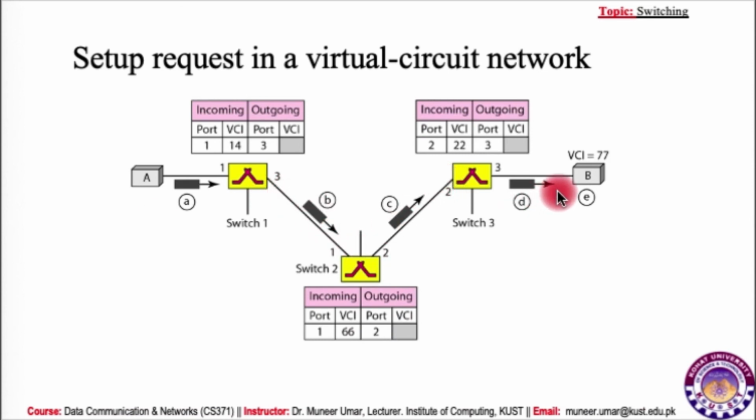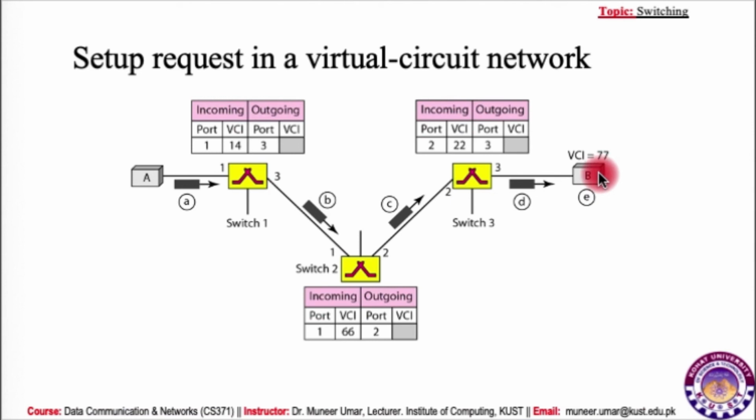The destination B receives the setup frame. If it is ready to receive frames from A, it assigns a VCI to the incoming frames from A. In this case, 77 is assigned as the VCI.